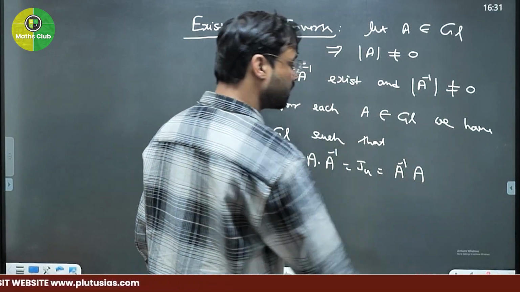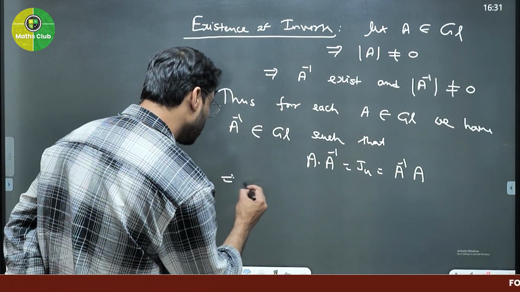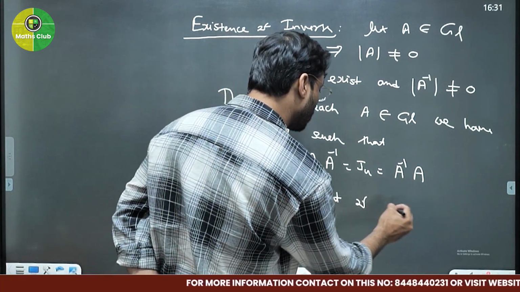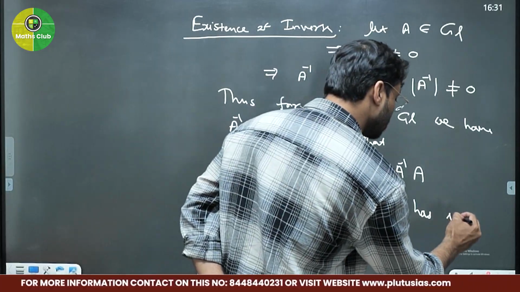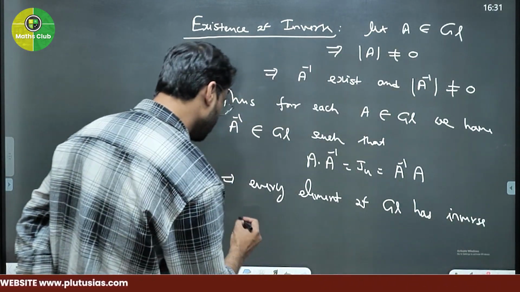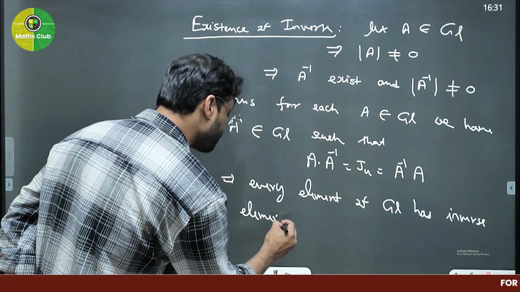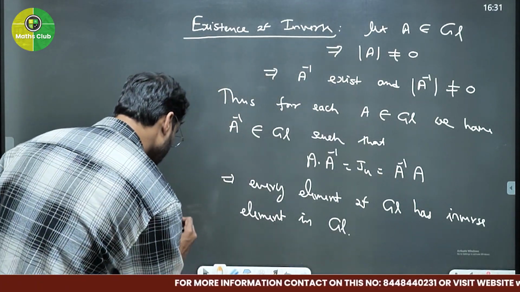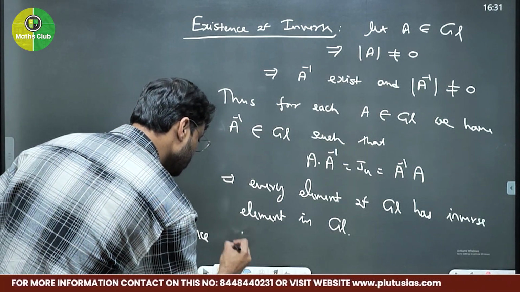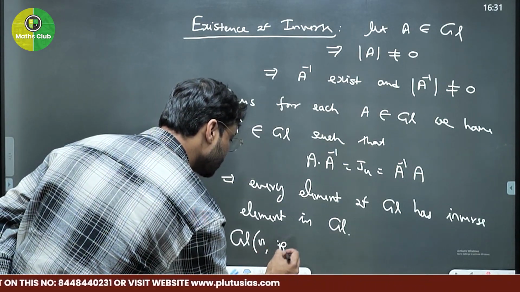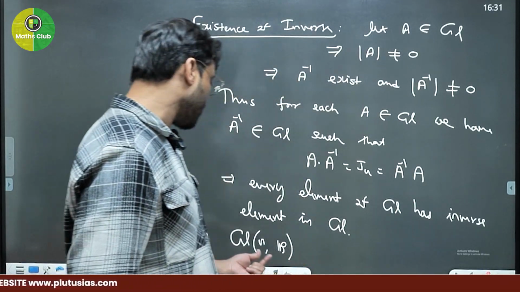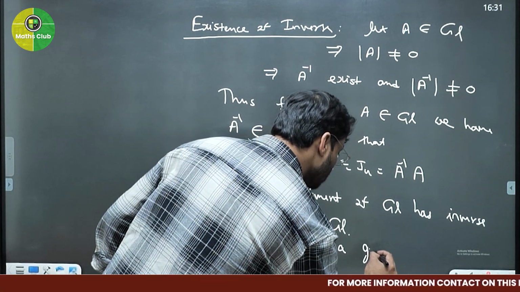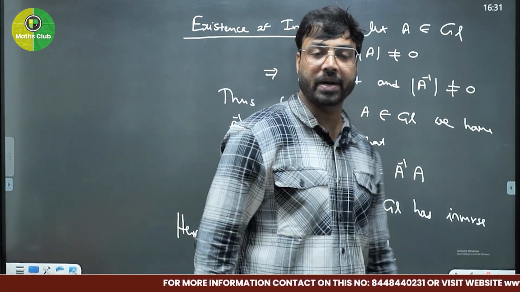That means every element of GL has an inverse element in GL, and hence GL(n,R), where R means entries of matrices are real numbers and n means n by n matrices, is a group with respect to matrix multiplication.